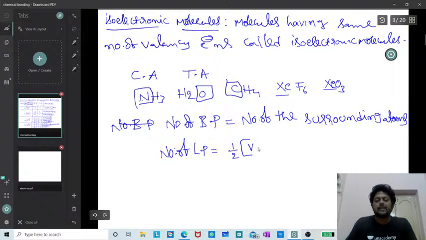I am taking it as V, minus the number of bonds around the central atom.